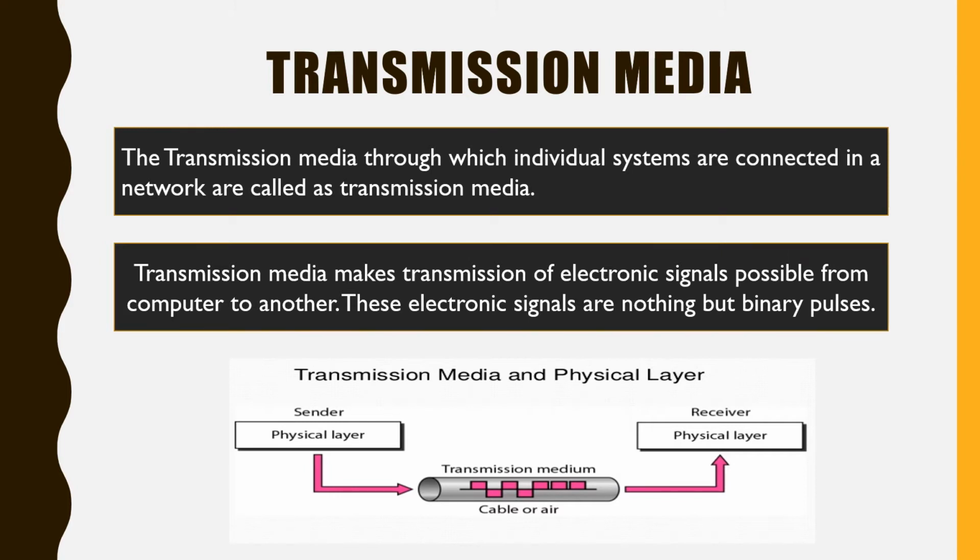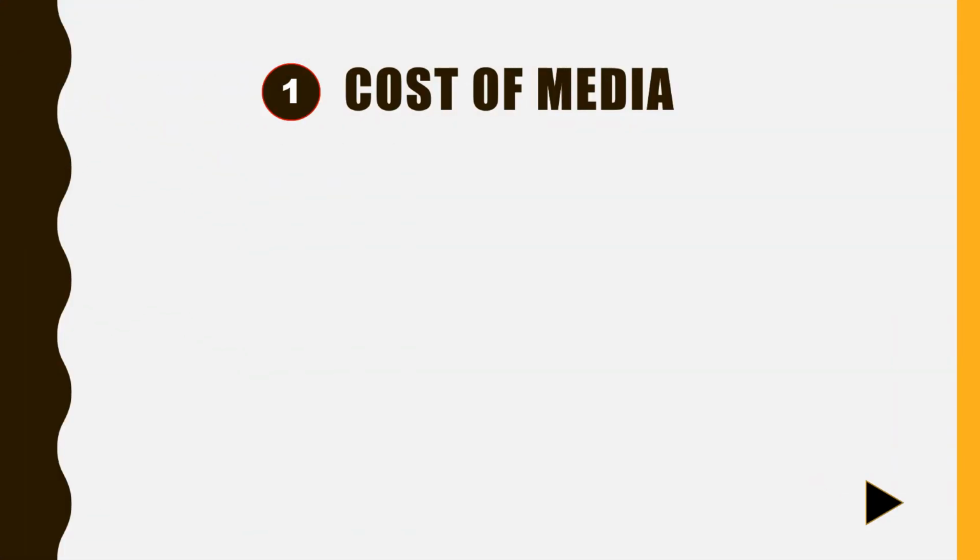Now from the next slides we will come back to the 6 basic important characteristics of transmission media. The first one is the cost of media. Whenever we are selecting any media, we have to consider the cost.